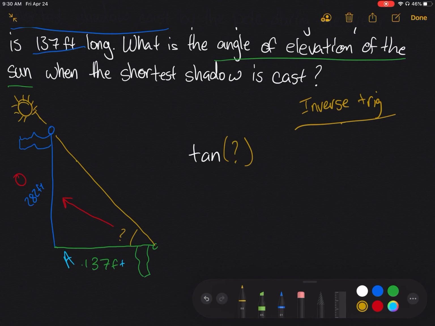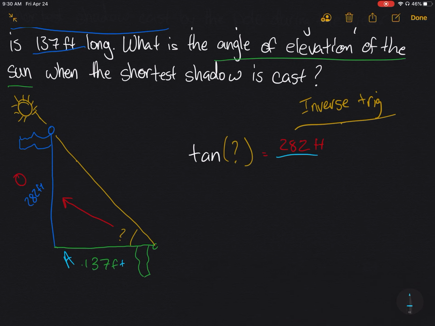And I know that that's equal to the opposite, which is 282 feet over the adjacent, which is 137 feet, right?